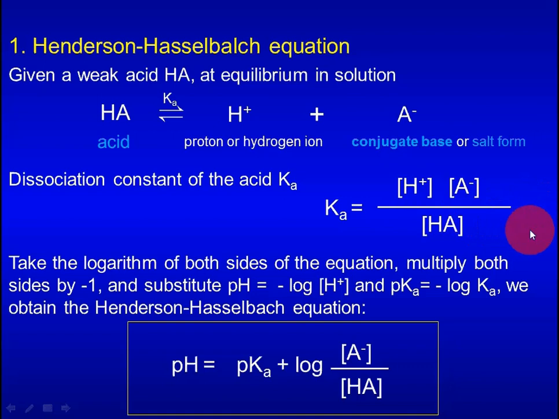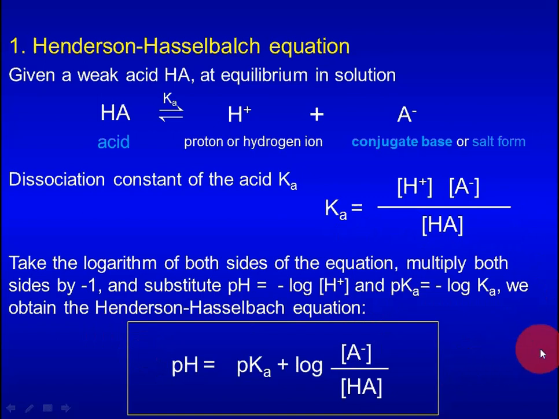If we take the logarithm of both sides of this equation and define pH equal to minus log proton concentration and pKa equal to minus log Ka, we can easily obtain the following equation. And this equation is the Henderson-Hasselbalch equation.